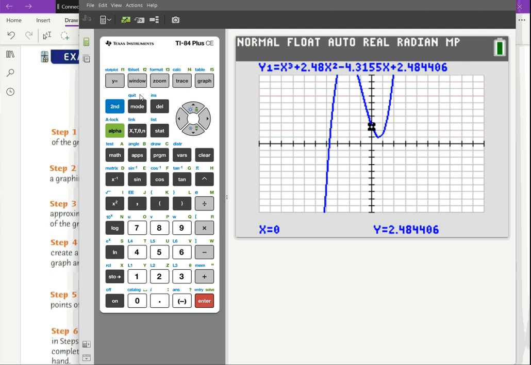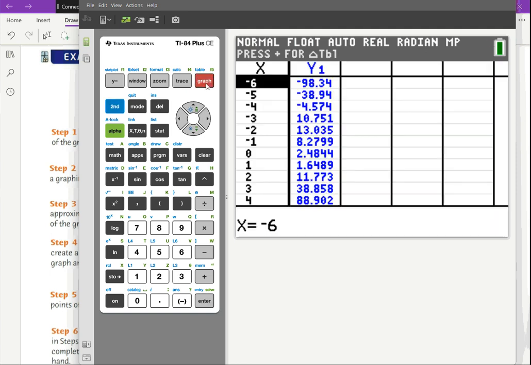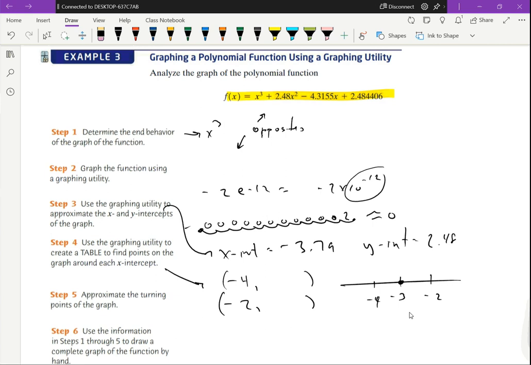Now, the directions here said use a table. So we could go ahead and take a look here. We've got the table up here next to the graph button, so I can do second table. I can just read through these. Well, we have a negative 3.79, we had a 0. When I did these over here, I put my intercept at negative 3, but negative 3.79 is really the intercept. So maybe I want to choose negative 4 and negative 3 for my values.